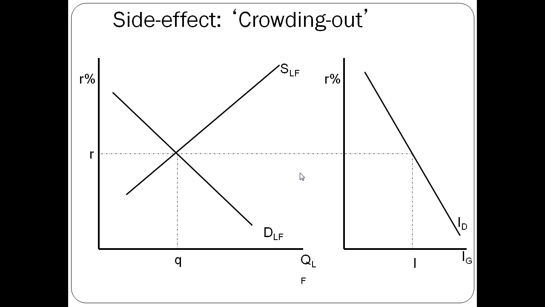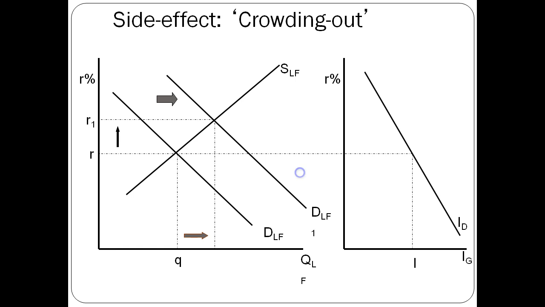Therefore, the demand for loanable funds is going to shift to the right from DLF to DLF1. So now we have our new equilibrium in loanable funds. You're going to see the real interest rate went up to R1, and the quantity of loanable funds went up to Q1.